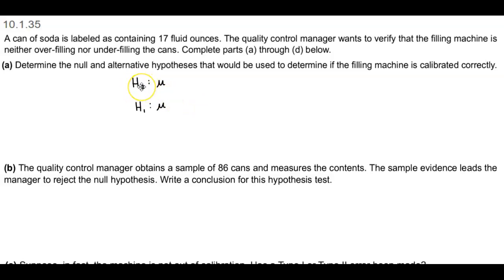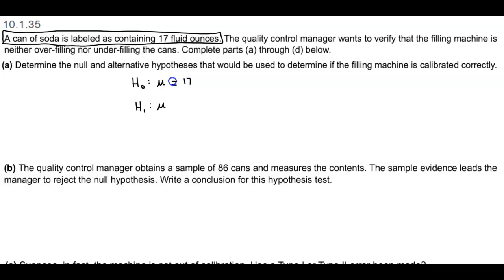So the null hypothesis always contains the equality, okay? And the alternative has an inequality symbol. At the beginning of the first sentence, it says a can of soda is labeled as containing 17 ounces. So the null is going to equal 17 ounces. Now the alternative hypothesis doesn't tell us whether there is a greater than or a less than.